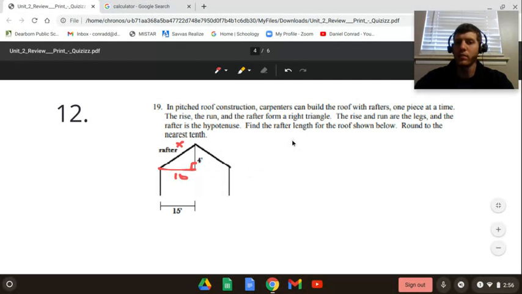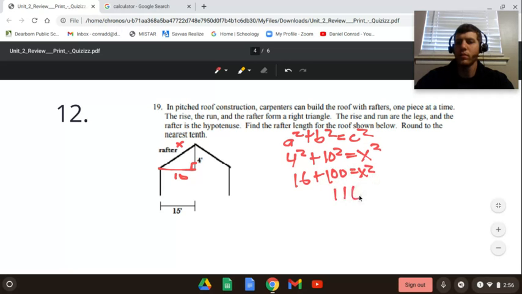So that's Pythagorean theorem: a squared plus b squared equals c squared. Your legs are next to the right angle, adjacent to the right angle. So that's 4 squared plus 10 squared equals the hypotenuse squared. So that's 16 plus 100. So we got to take the square root of 116.